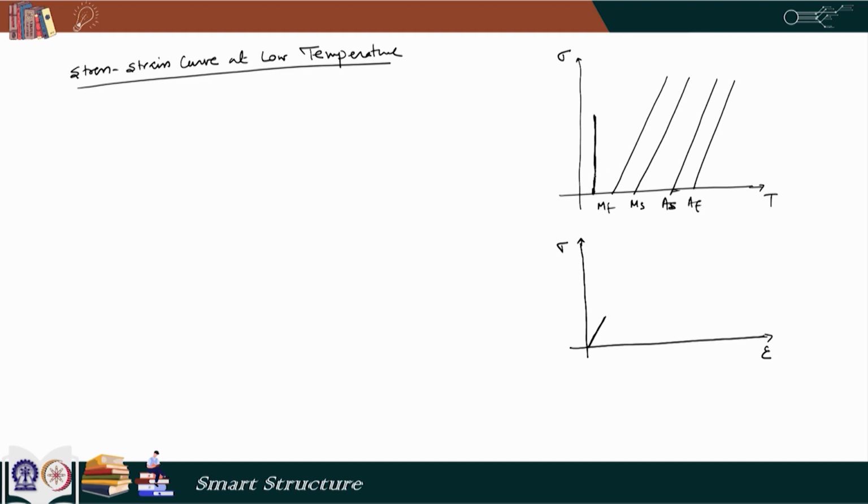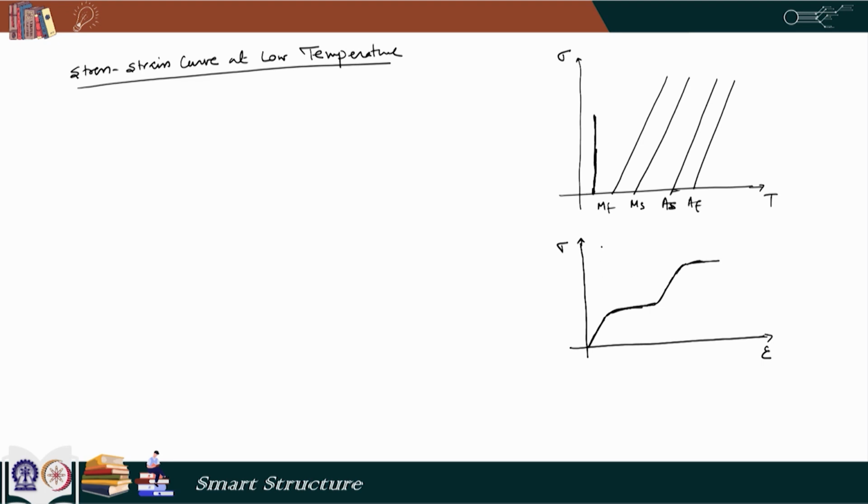Now, as we know, after some value of stress the material starts transforming to detwinned martensite. Here the slope becomes very minimal, it is quite low, and after the detwinning ends, the detwinned martensite again shows some elastic behavior, and then after that slipping takes place and again we see a plastic behavior.